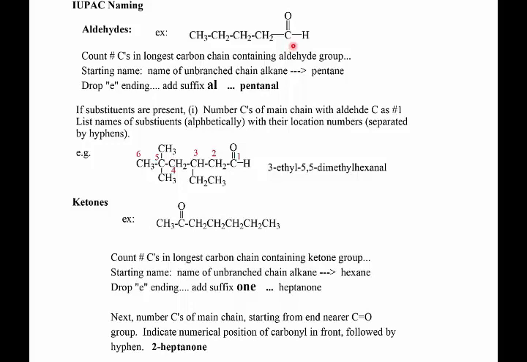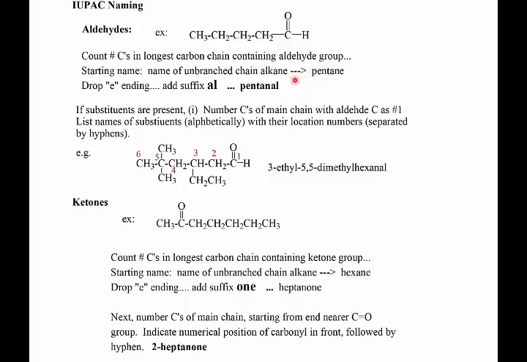And then as a starting name, you write the name of the corresponding alkane having the same total number of carbons. So in this case, there's 1, 2, 3, 4, 5 carbons in the unbranched chain. The starting name will be the continuous chain alkane pentane.